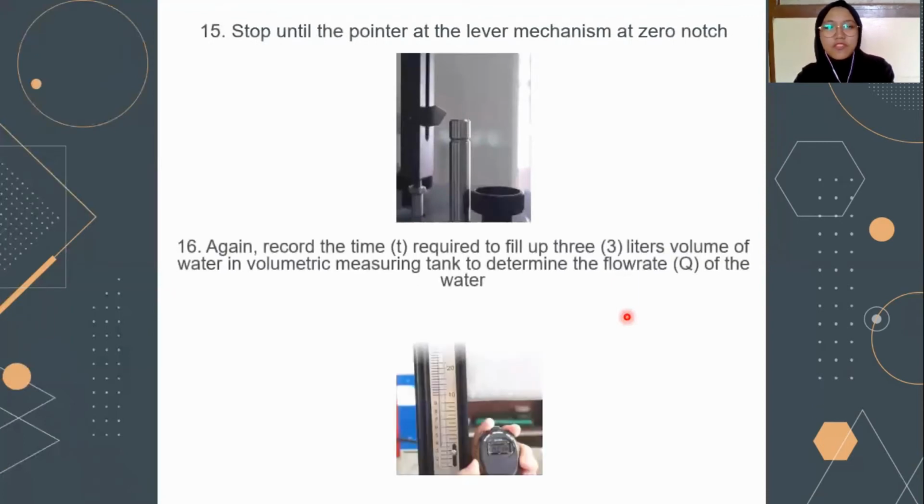Steps 15 and 16 are the same as steps 10 and 12, which are to stop until the pointer at the lever mechanism is at 0 notch. And again, record the time required to fill up 3 liters volume of water in the volumetric measuring tank.